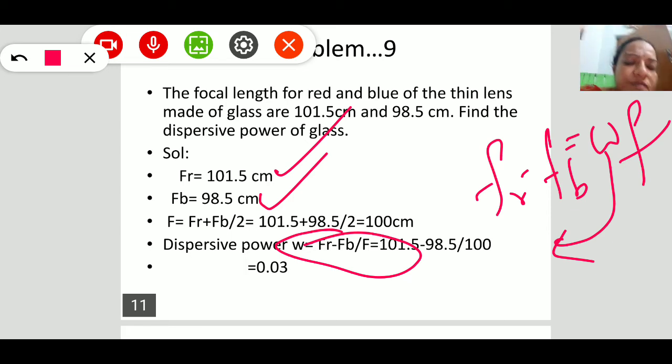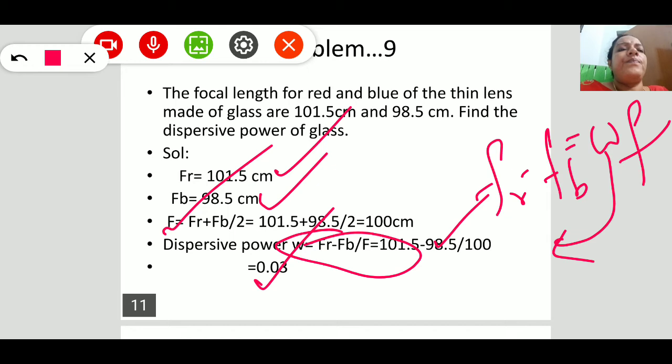So first calculate the average focal length, fr plus fb by 2, we get 100 centimeters. After calculating this, use the formula fr minus fb by f. We get the dispersive power equal to 0.03. So this is also a different type of problem.